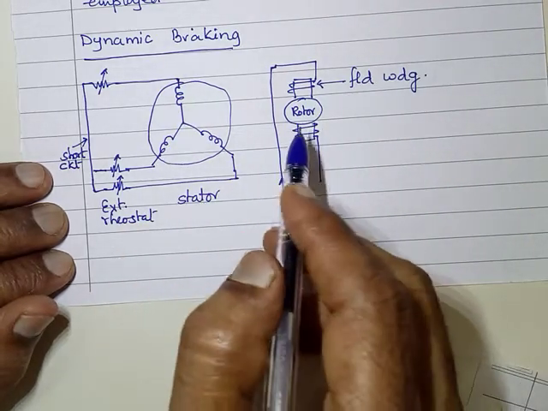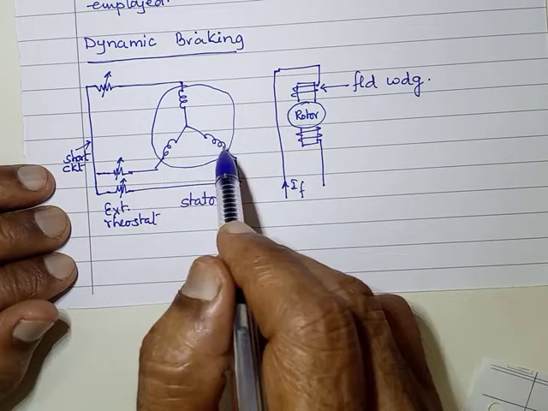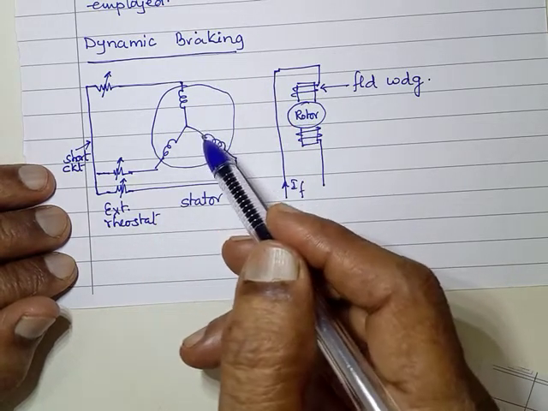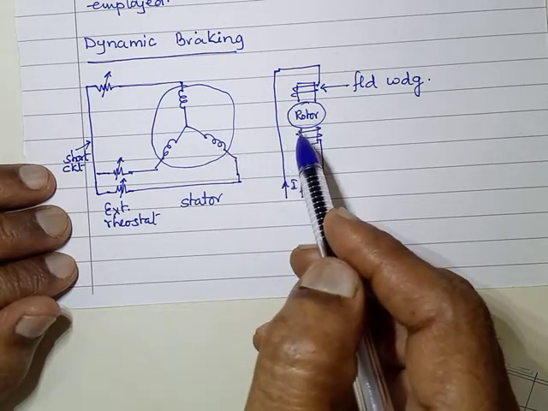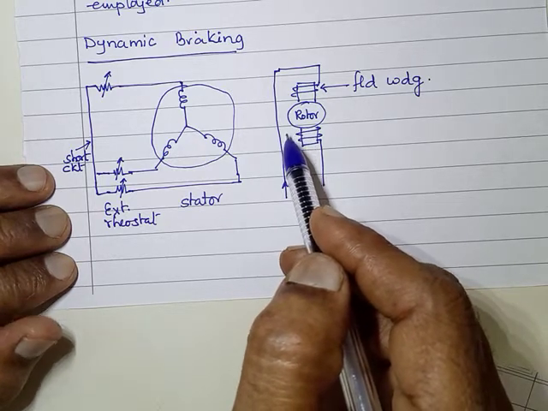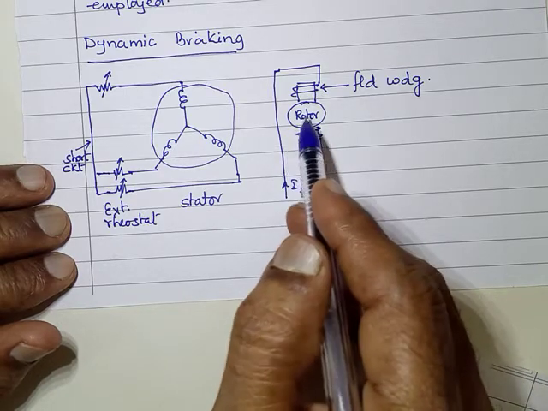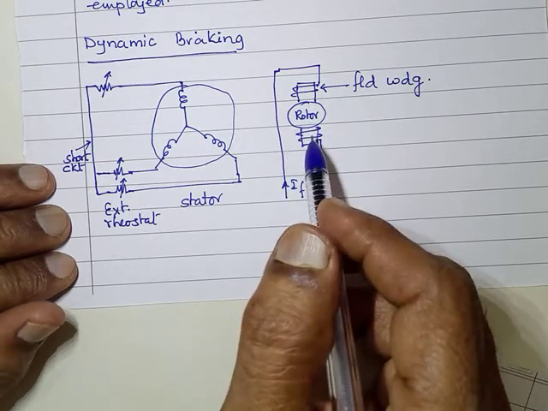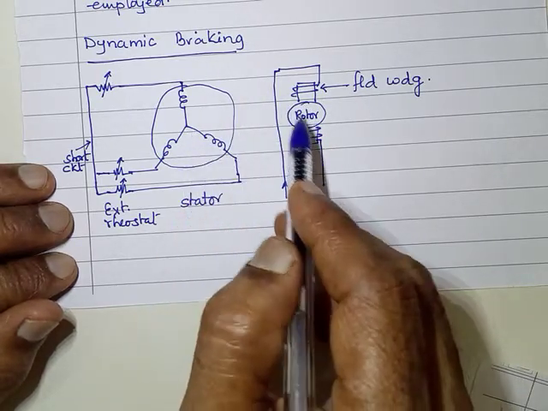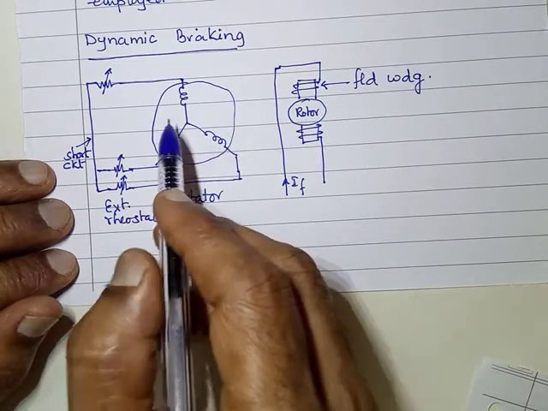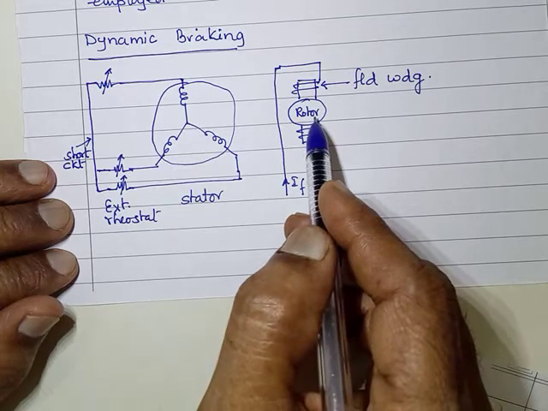Okay, so dynamic braking is typically converting this machine into generator operation, and we are having here the electromagnetic induction of dynamic type, dynamic electromagnetic induction, because the rotor is rotating. That's why the synchronous motor will now operate as generator, and that generation of electricity is from the stored mechanical energy.